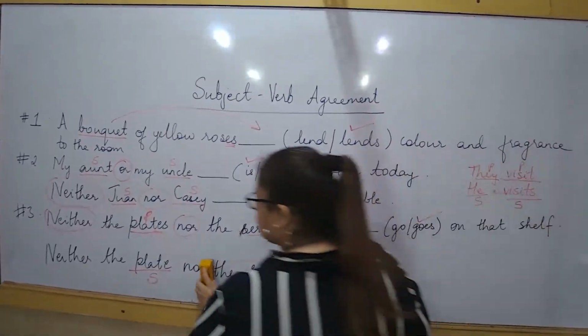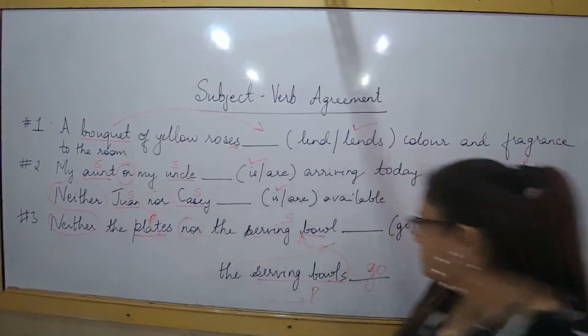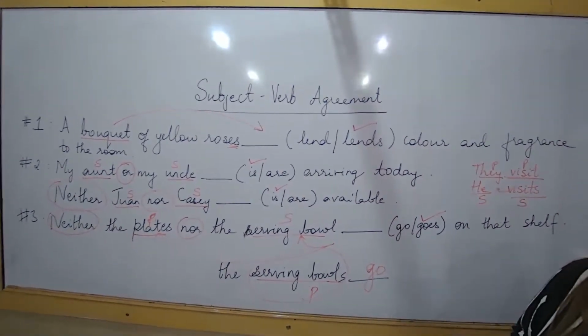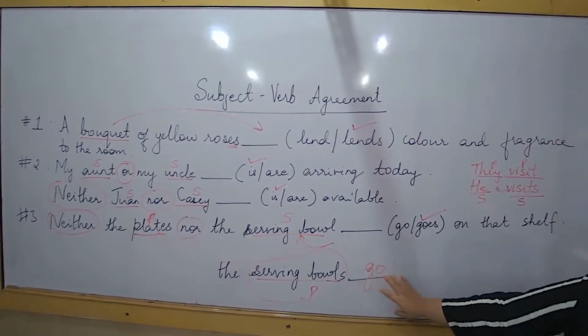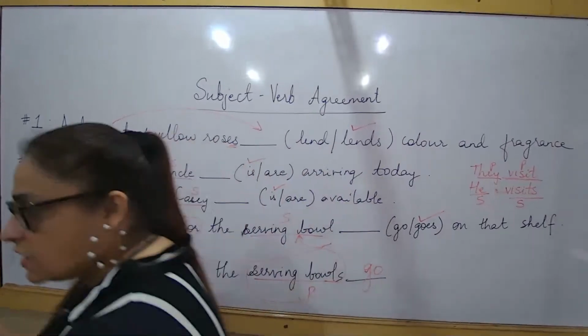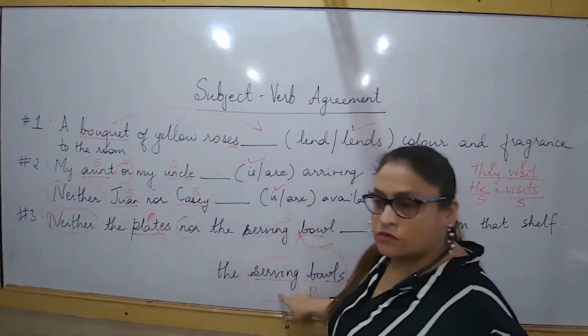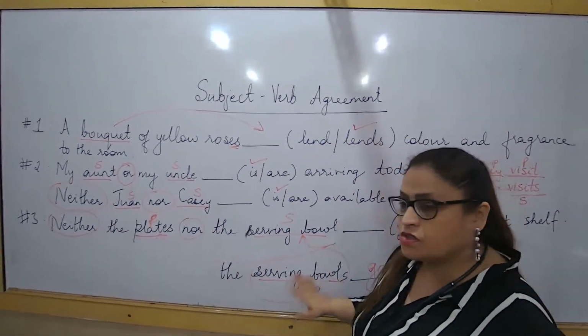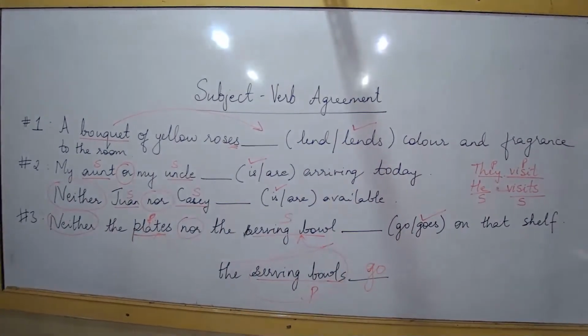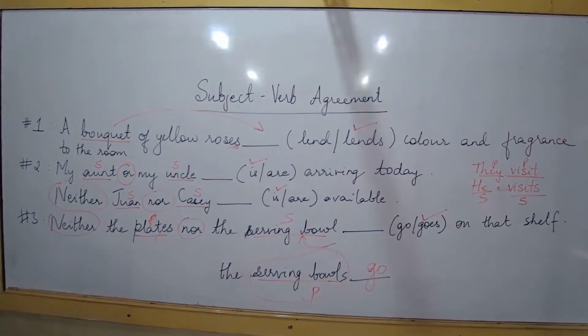If I had asked you just this much, what would you have said? The serving bowls go, correct? So it will be the same as this. Just take the noun or part of the subject which is nearest to the verb. Clear, everyone? Still, is there any confusion?